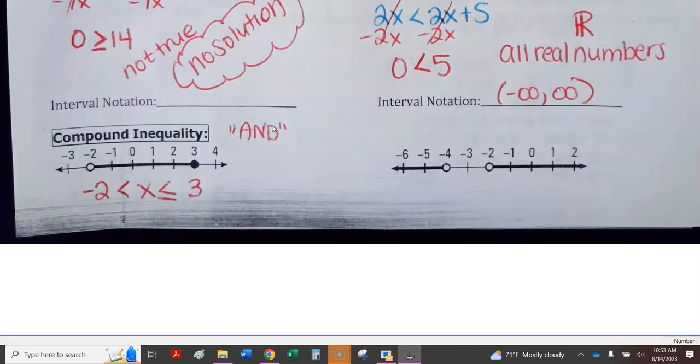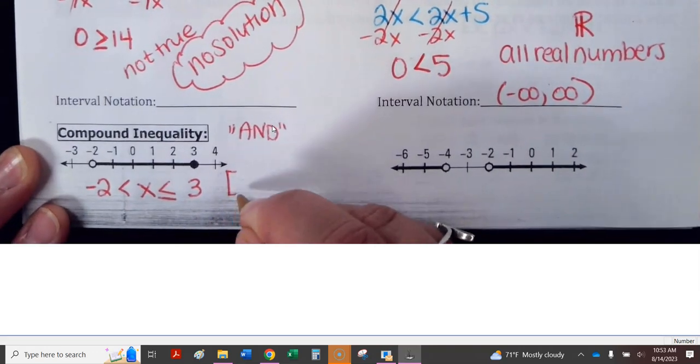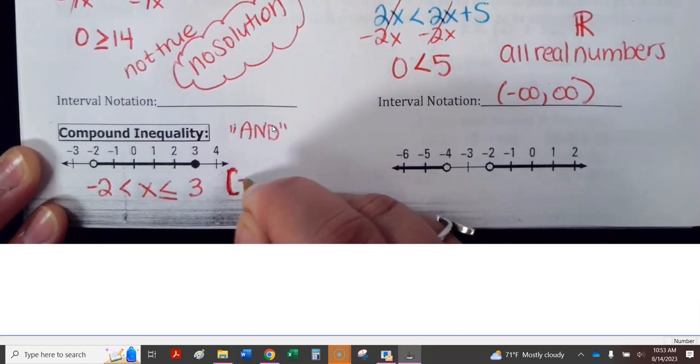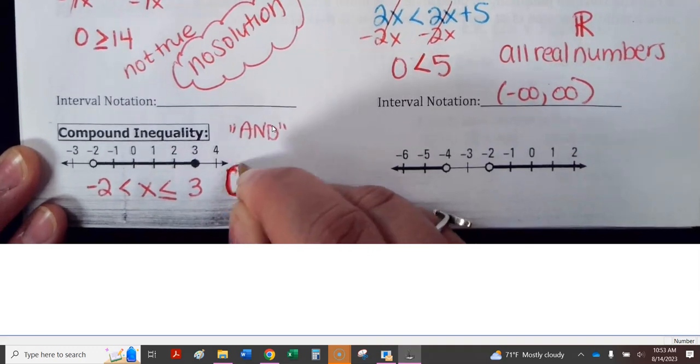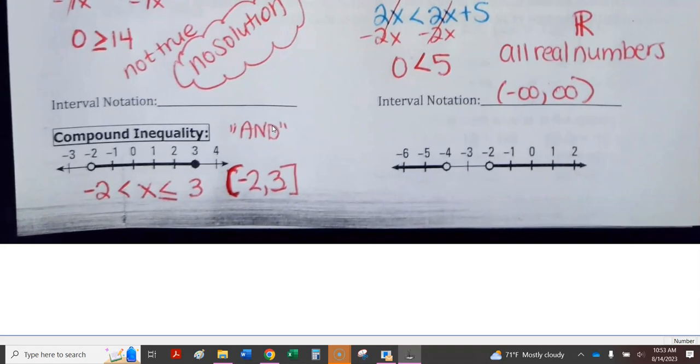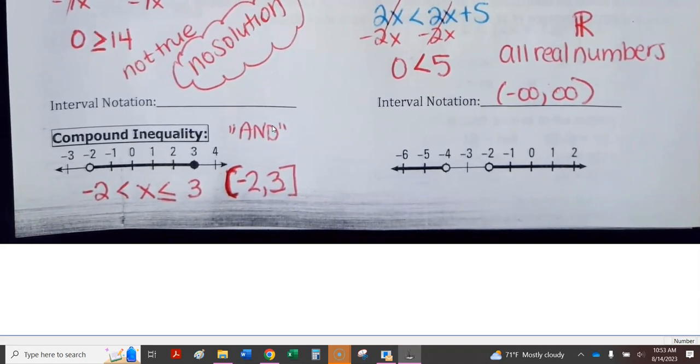In terms of an interval here, it would just be, parenthesis here, -2, that does not look like a parenthesis. And then the 3 would have a bracket. So those are pretty quick to do. So if you don't have connect the dots, which is what I have on the next question, you literally just write it as two separate inequalities.